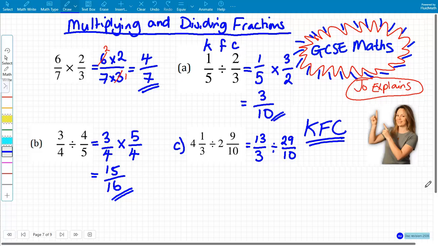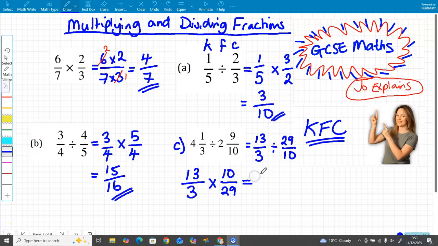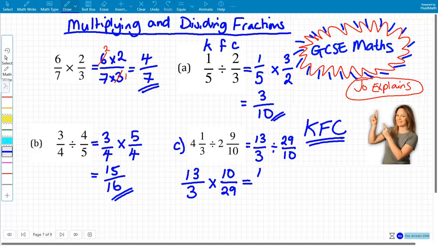Now we're going to do KFC on this. So we've got 13 over 3 stays as it is. Change the sign and flip the fraction upside down on that one. Okay, so we are going to multiply these numbers across like that. 13 times 10 is 130, and 3 times 29 is 87.